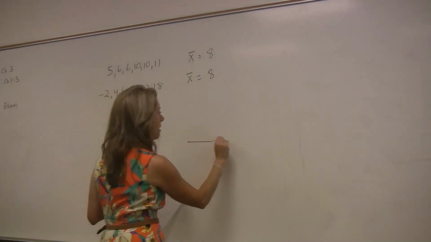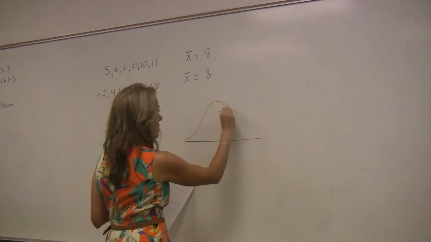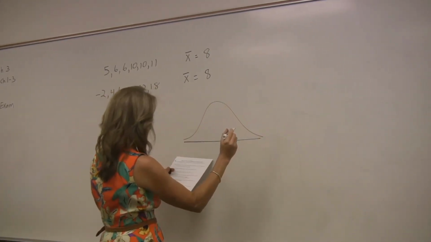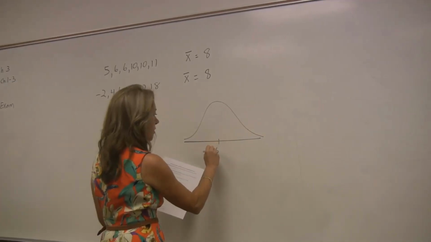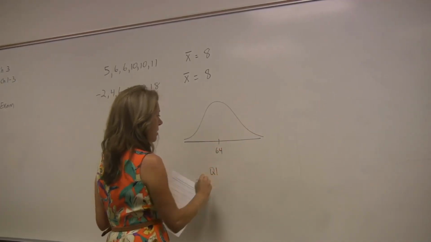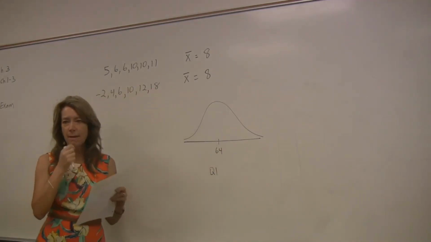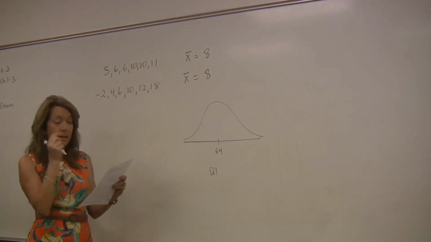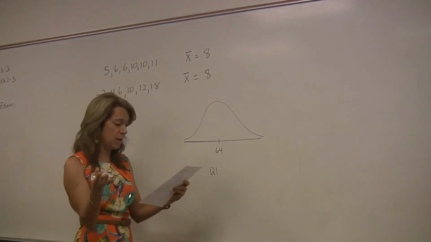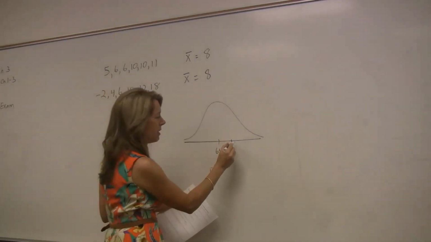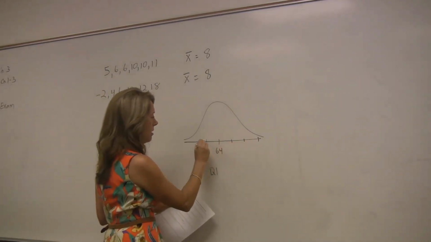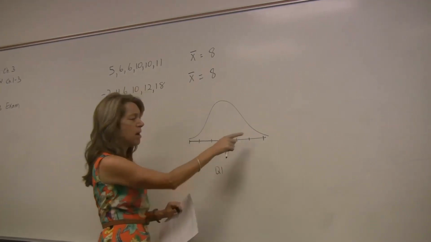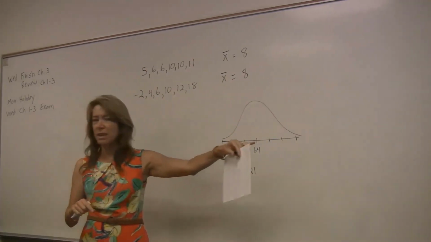So what was the mean on the first quiz? 64. This is quiz one. The mean was 64, and what am I going to do? Count by the standard deviation, which was 6.7. So I'm going to need my calculator for this. By the way, the standard deviations keep going forever.